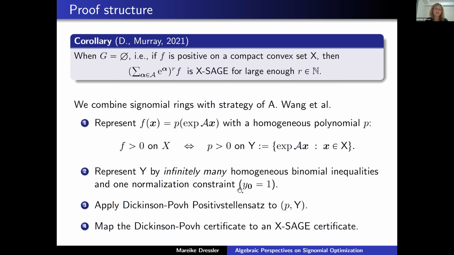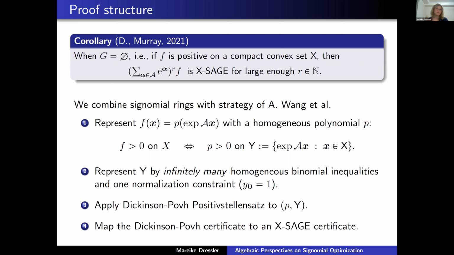Then we represent Y by infinitely many but countably many homogeneous binomial inequalities, and we also have one normalization constraint. But the most important thing we can now do is use the Dickinson-Povh Positivstellensatz, which gives us exactly what we want. So we apply a Positivstellensatz from the real algebraic geometry literature.